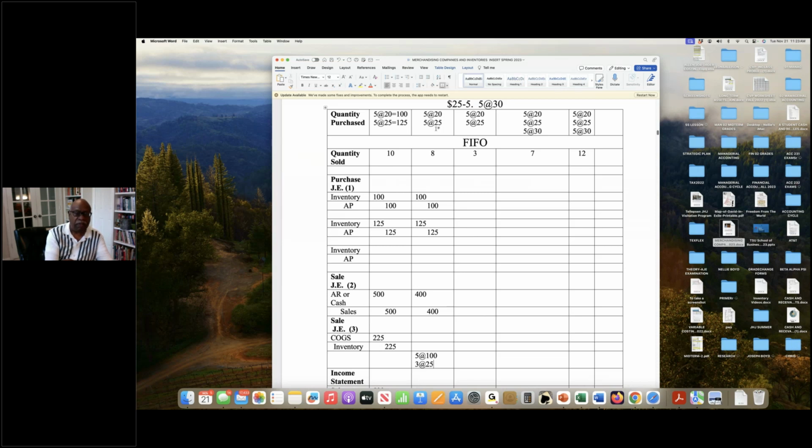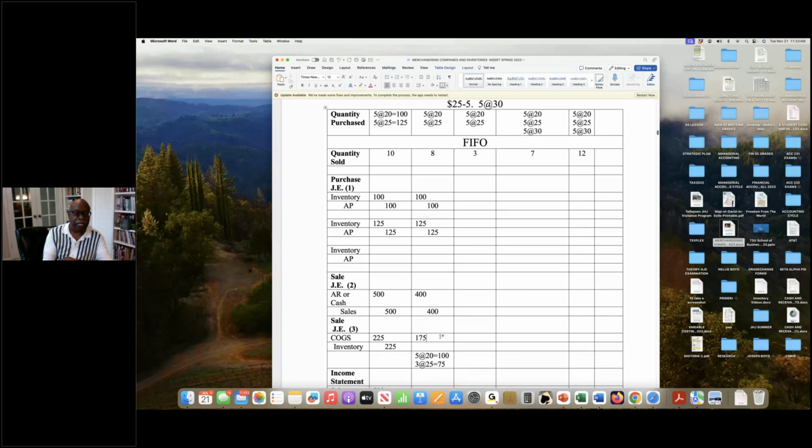So this is going to be equal to 75. This is 5 at 20 equals 100. And so now our cost of goods sold is 175. So we debit cost of goods sold for 175, credit inventory for 175.